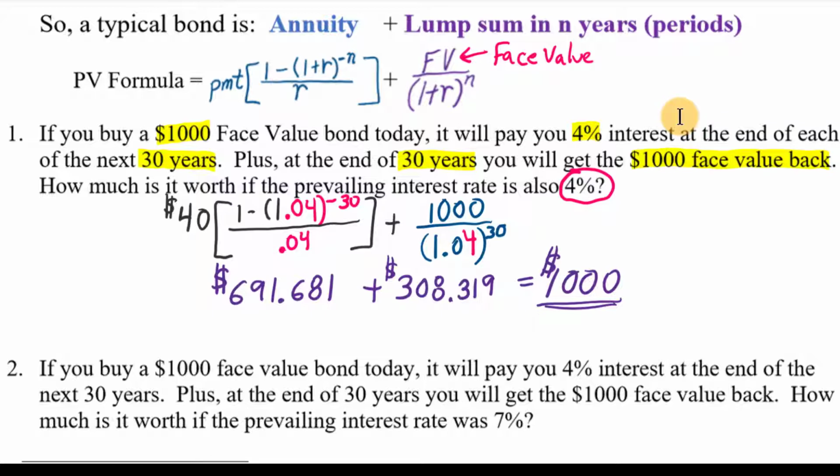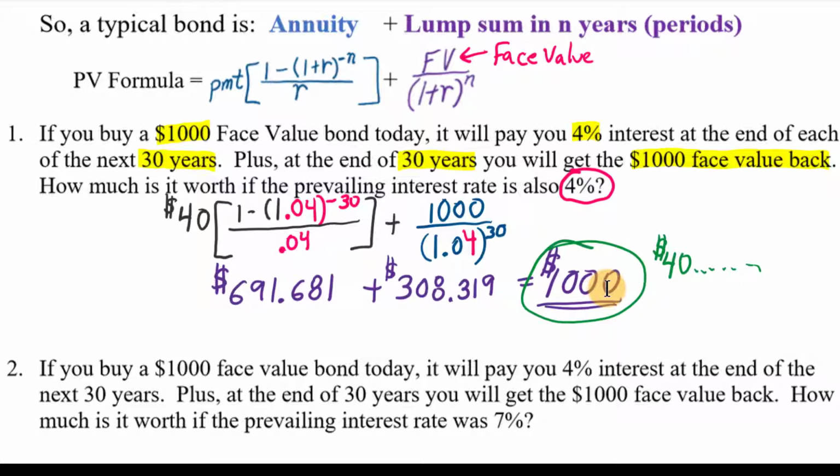And what this $1,000 is telling us is if we can earn 4% somewhere else, then if we have $1,000 today and we put that in the bank paying 4% interest per year, then what we could earn every year at the end of each year is $40 in interest for 30 years. And then at the end of 30 years, we'll still have the face value, $1,000, in the bank, right? So it's the same stream of payments.